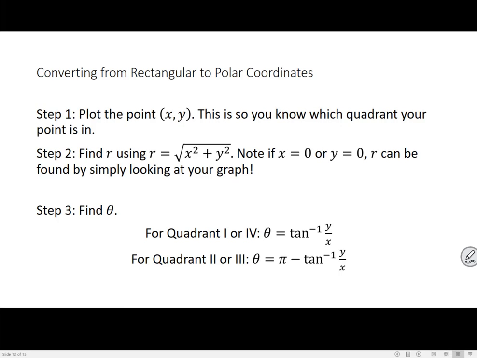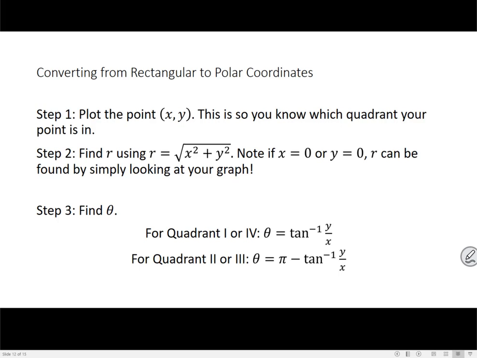For quadrants 1 and 4, that works just fine because that's where tangent is positive. But if your point lies in quadrant 2 or 3, then you have to use the formula pi minus tangent inverse of y over x to get yourself in the right quadrant. Okay?